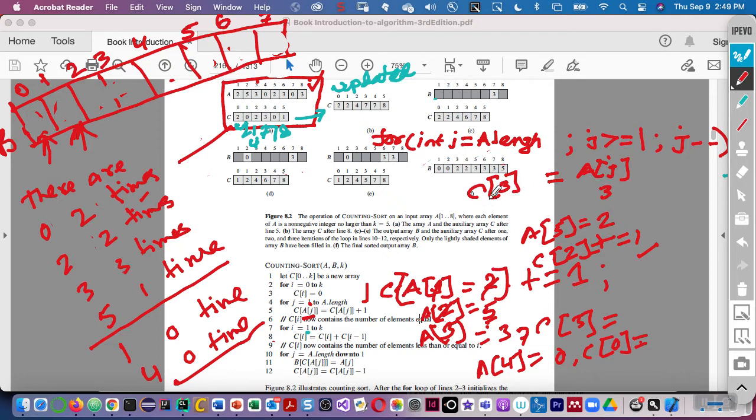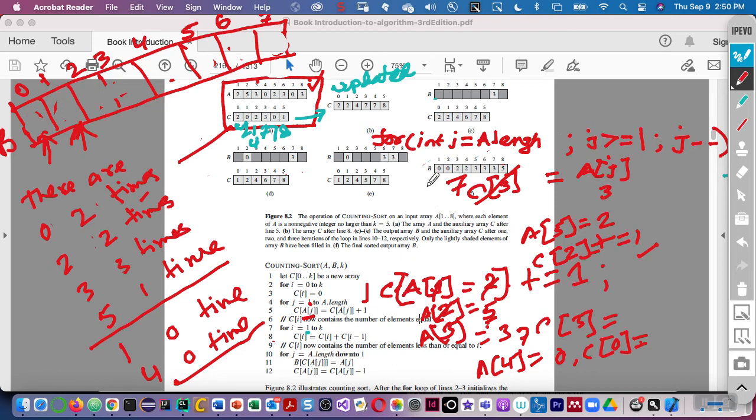And what is C of aj? C, this is my abbreviated C. C of 3. C of 3 equal to 7, right? C of 3 equal to 7. This is 7. And where will it go?